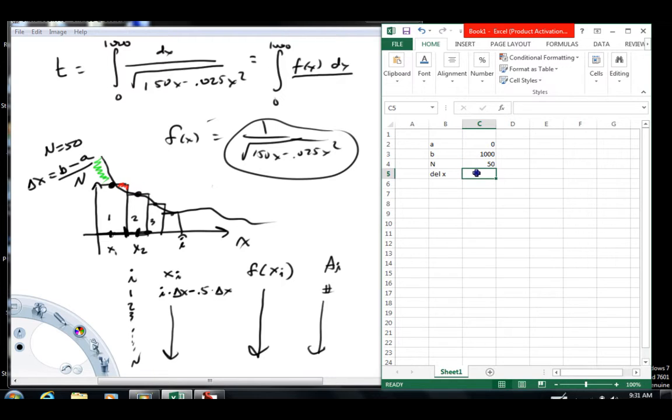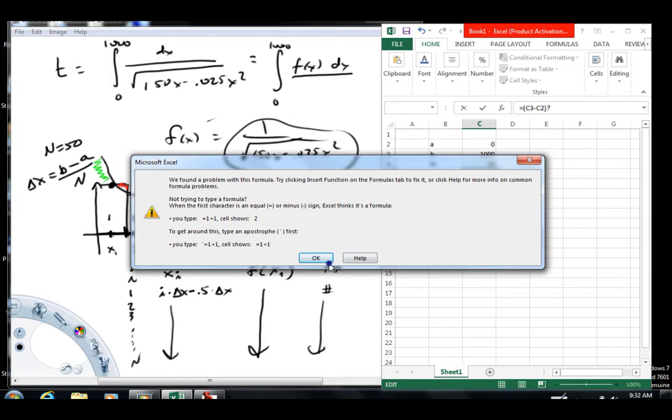All right, delta x equals. In Excel, when you hit equals, it tells you a formula is coming up. I'm going to use parentheses, and I want this to be b minus a, divided by n. Whoops, this did not like what I did here.